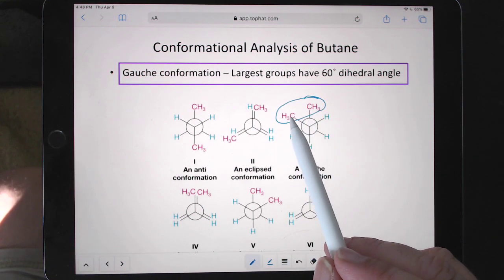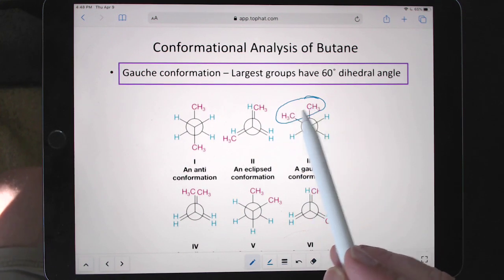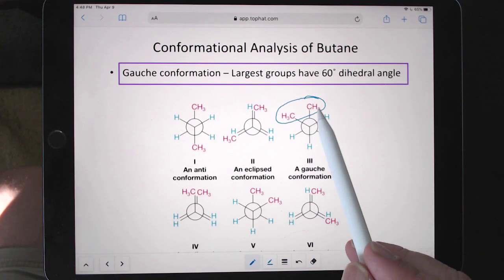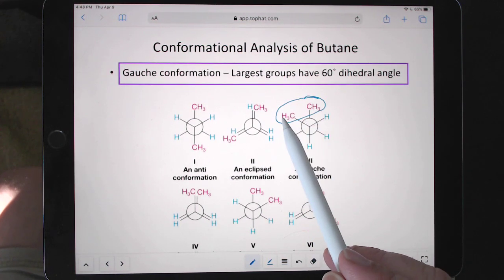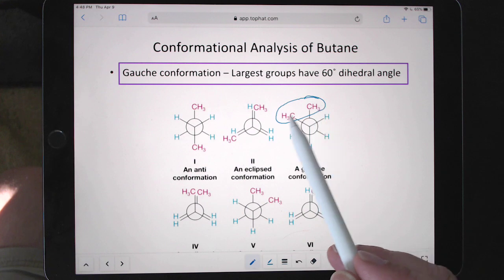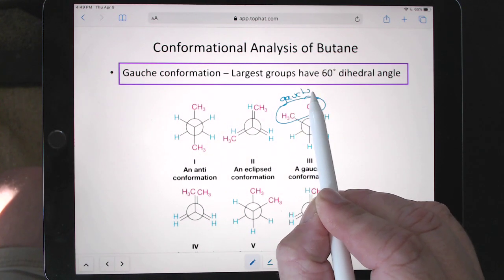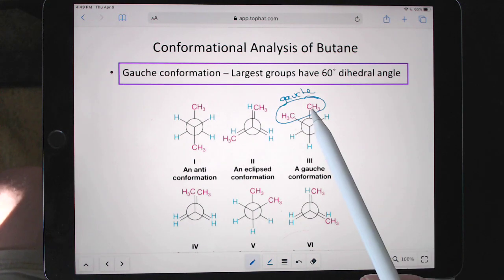You have a staggered configuration, but the two non-hydrogen groups are 60 degrees from each other. These methyl groups are large enough that they do feel each other. So the gauche interaction is when two non-hydrogens are 60 degrees apart.